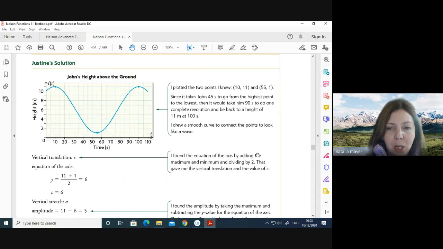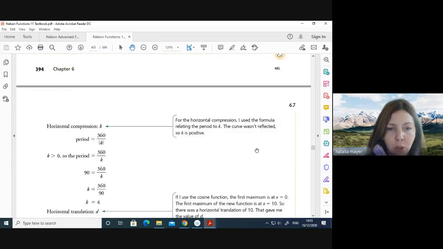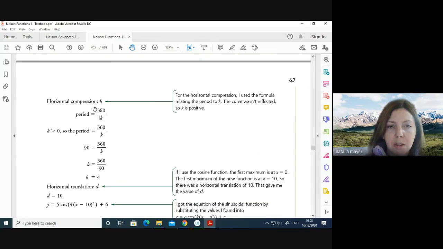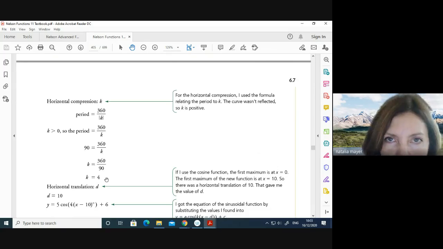K. Okay, so in order to find K, we remember that this is the formula for period, 360 over the absolute value of K. Since we know it's 90, we sub it in and solve for K, which is 4. So by now we know A, we know K, and we know C, right? What is left is the shift.